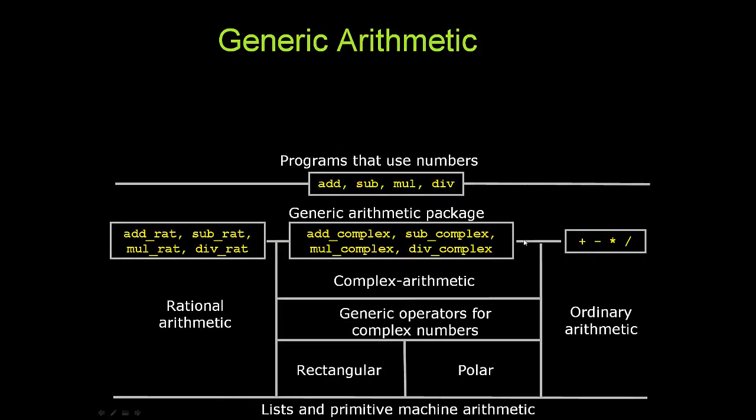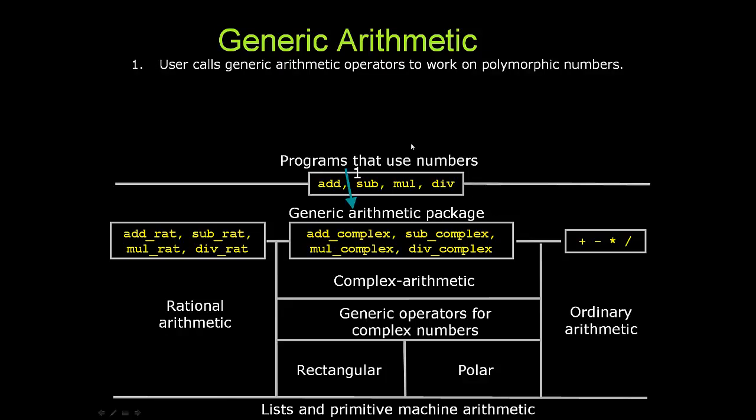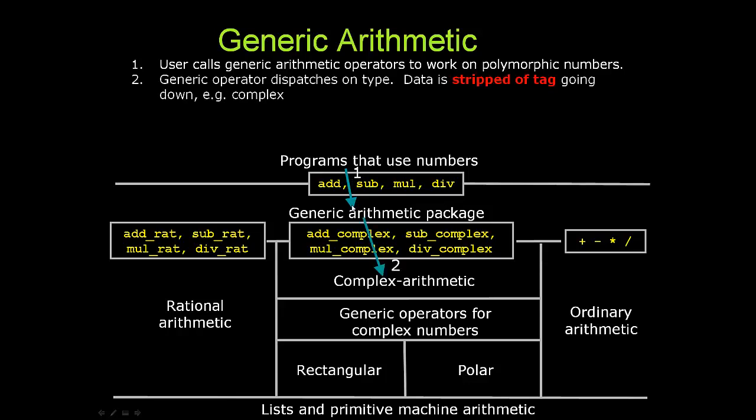So that means that now the programs that you want to do, add, subtract, multiply, right? They'll go down to your new package. And then after that, based on whether it's a rational number, a complex number, or an ordinary number, you will go down to the next level. For example, if it's a complex number, you go down to this part here. And at this level, there's actually a tag called the complex tag, right?